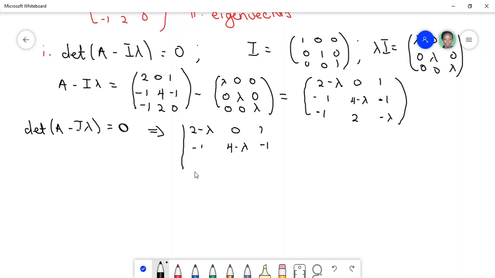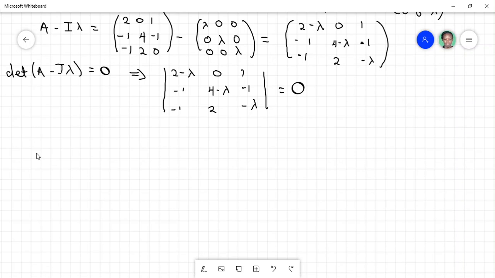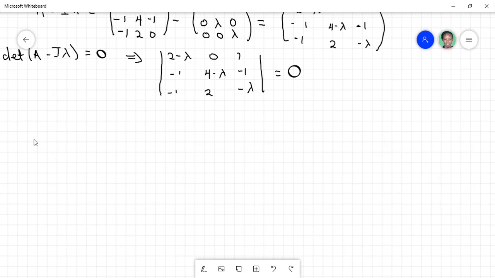Then I have plus 1. Don't forget this part, because it's 0, everything multiplied will go to 0. So I have plus, minus, and plus. So I have 1 times minus 2 plus 4 minus lambda, to be equal to 0.